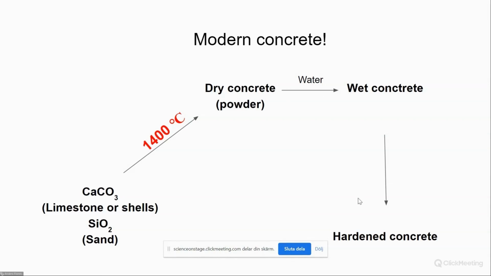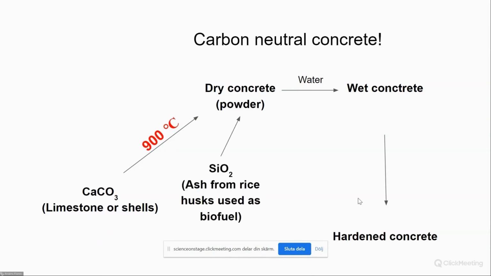So we are working on another project to make essentially the same thing from limestone and from mussel shells, and for the silicon oxide that you use, you get ash from biofuel, because when you burn things like rice husks or something like that, it has up to like 4 or 5% of silicon oxide.